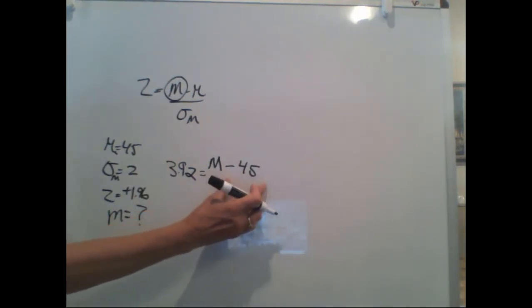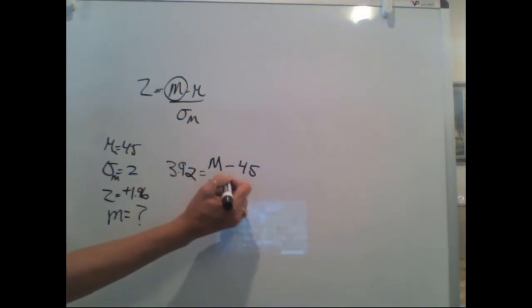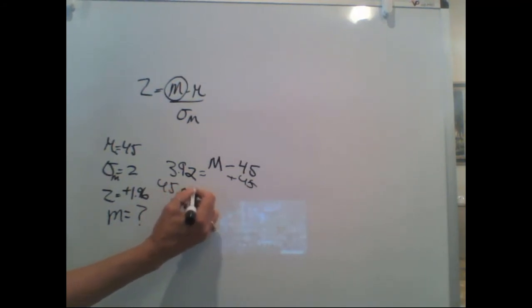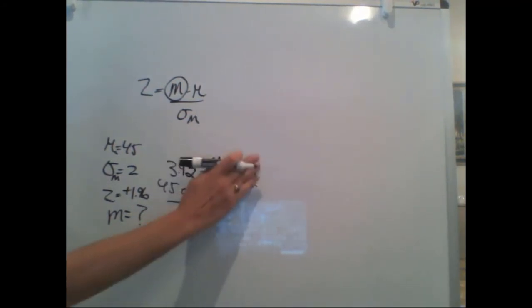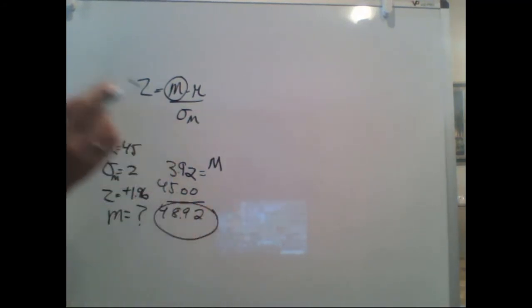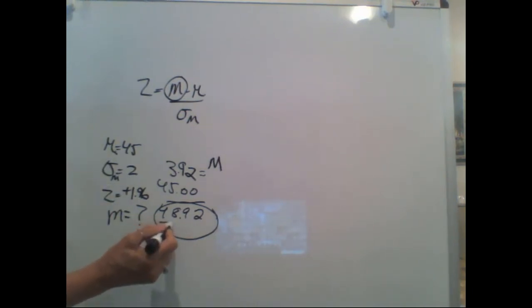Now I need to get rid of the 45 on this side to keep M by itself. So I'm going to add 45 here, and I'm going to add 45 here. And that cancels this side out. There we go, 48.92. So the mean at 1.96, when we have a population mean of 45 and a standard error of 2, is going to be 48.92.